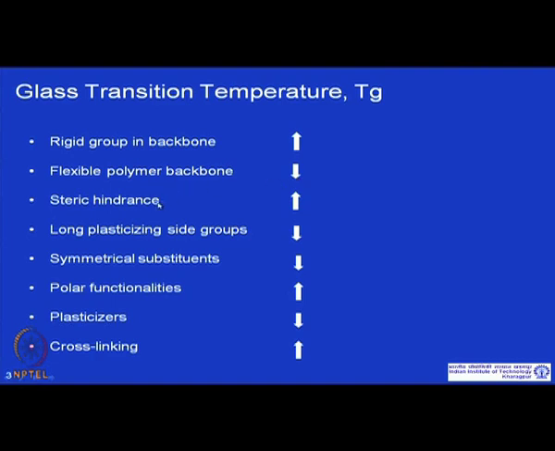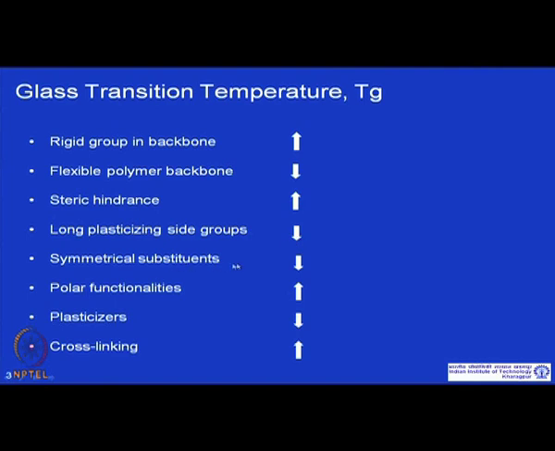If you have steric hindrance because of the presence of bulky side groups or bulky pendant groups, then rotation around the single bond becomes difficult. As a result, stiffness goes up and Tg goes up. If you have a long plasticizing side group, then obviously free volume goes up and Tg goes down.